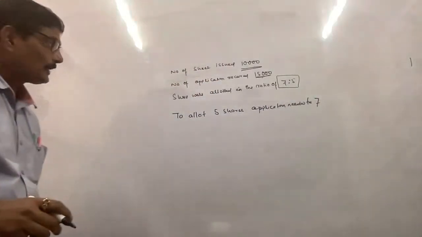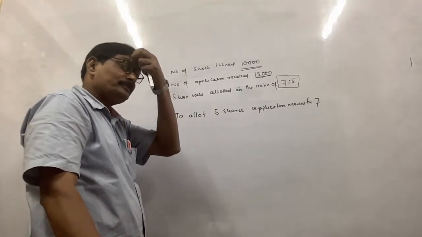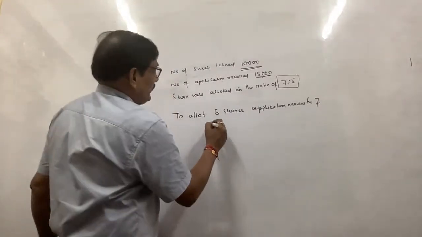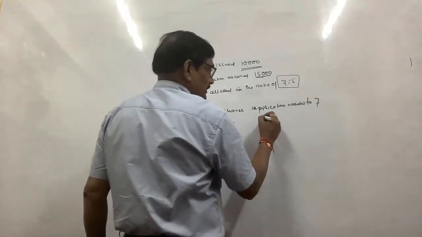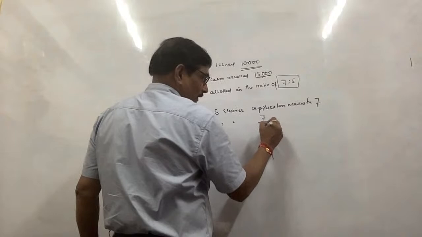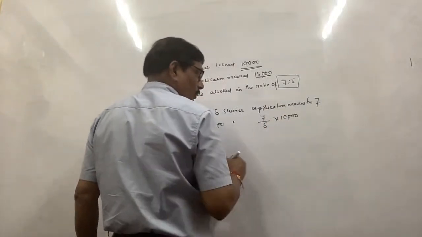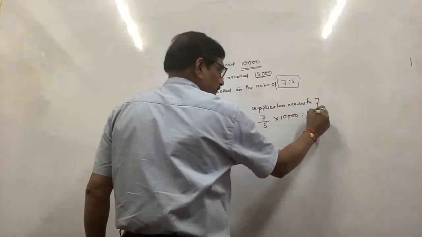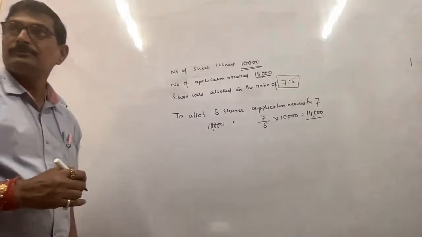To allot 5 shares, applications needed 7. To allot 10,000 shares, applications needed will be 7 by 5 into 10,000, that is 14,000 applications.